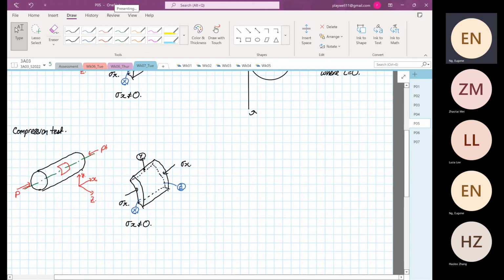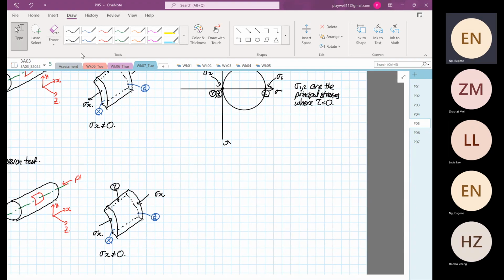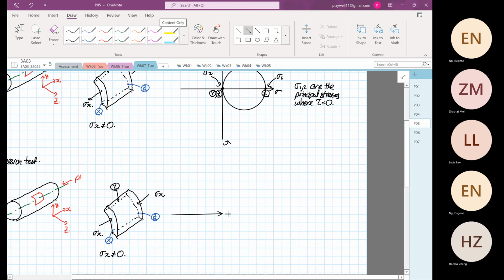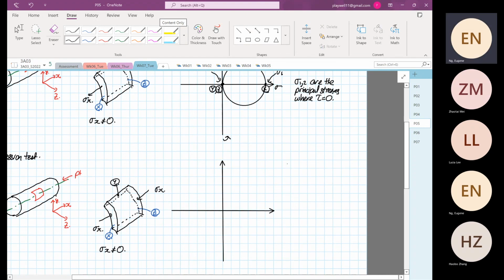So now if we were to construct Mohr circle again, you'll see very similar. Okay, so this is our normal stress, shearing stress. So this is our normal stress, shearing stress, element rotate clockwise, element rotate anti-clockwise.